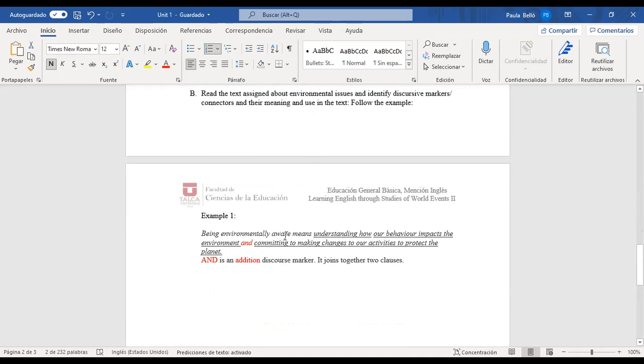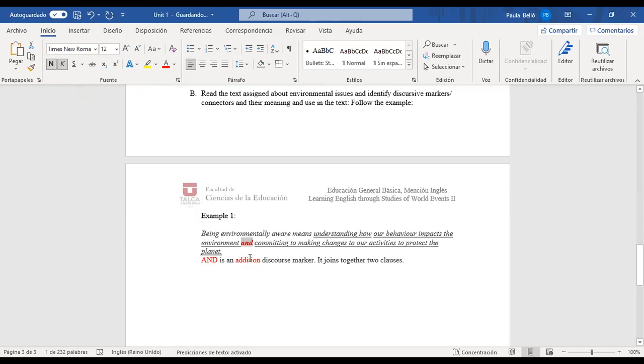Being environmentally aware means understanding how our behavior impacts the environment and committing to making changes to our activities to protect the planet.